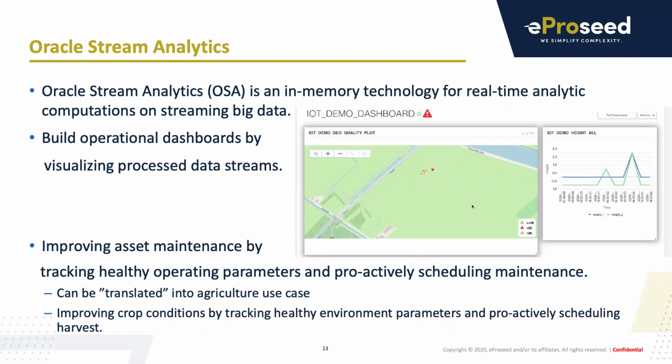And what we did, we actually translated the asset maintenance and asset management use case into an agricultural use case, where we set thresholds on crop height and thresholds on humidity and thresholds on temperature. Based on those thresholds, we were able to transform all this streaming information into valuable data for the customer.